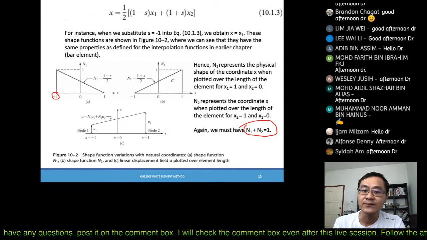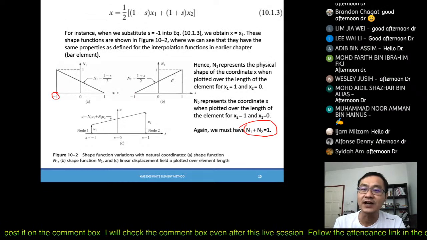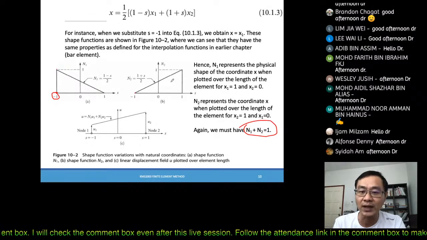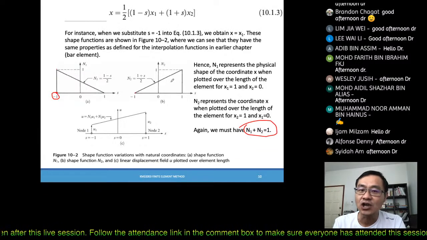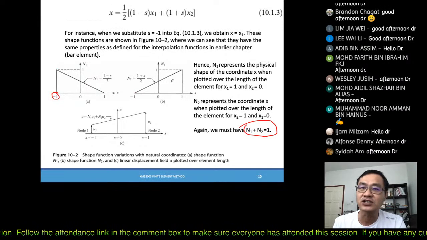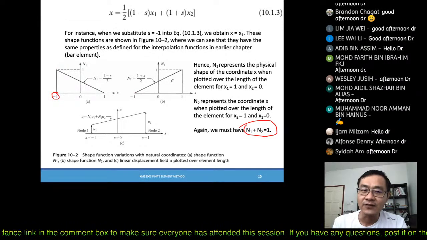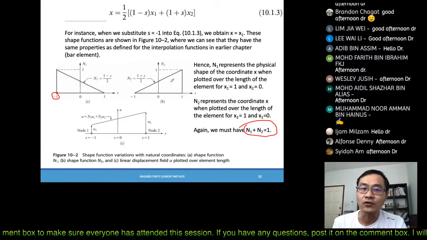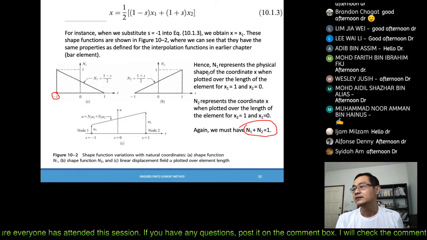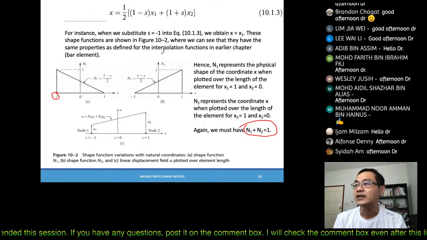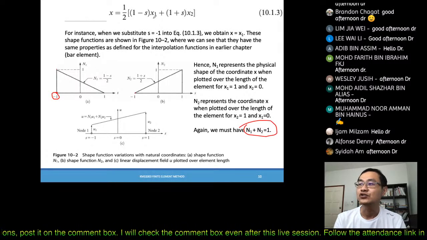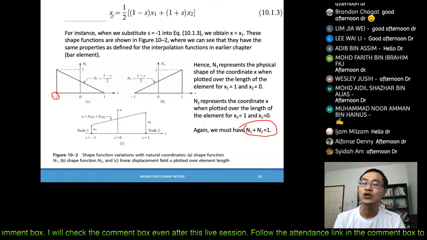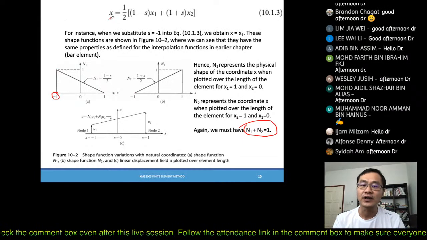Eventually the summation of the shape functions remains equal to 1, regardless of whether you are using the isoparametric formulation or the previous shape function formulations derived in terms of the global coordinate system. So we can always resubstitute all the values in to obtain the coordinate for each of the nodes.